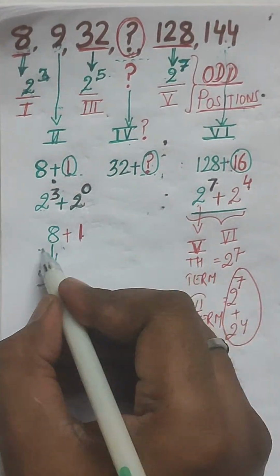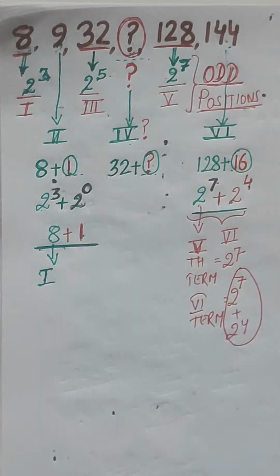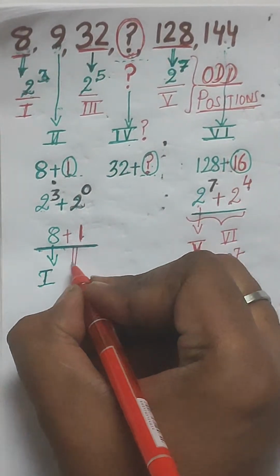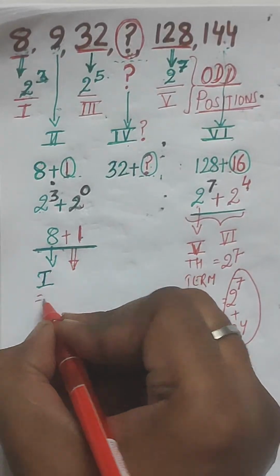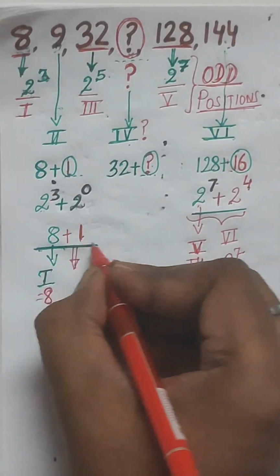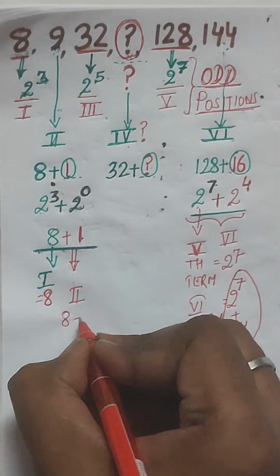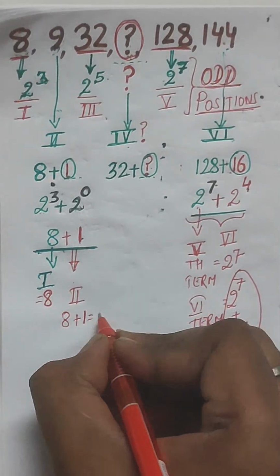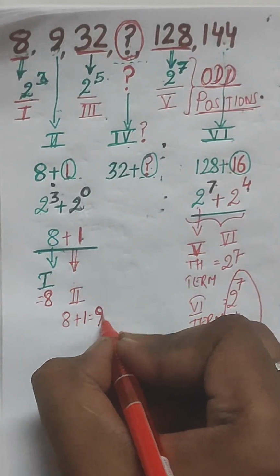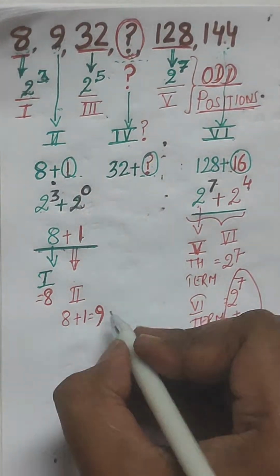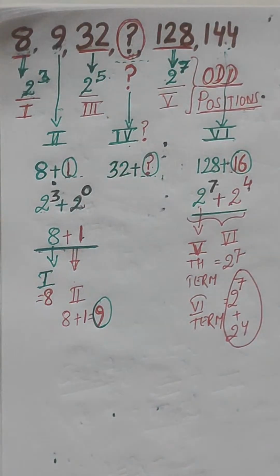And 8 plus 1, this entire thing will be the second term. The first term is 8 and the second term is 8 plus 1, which is equal to 9. Any doubt in this? I don't think so, but you can put it up if there is any doubt.